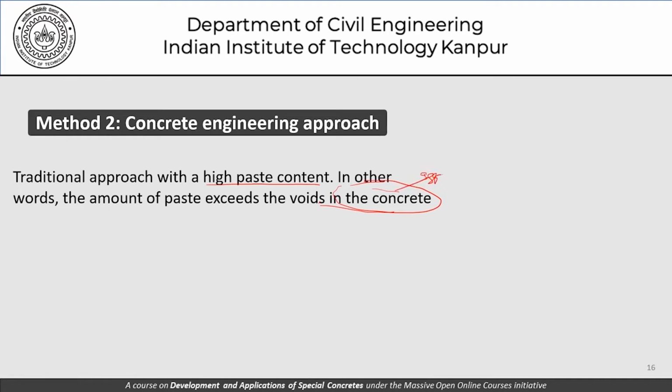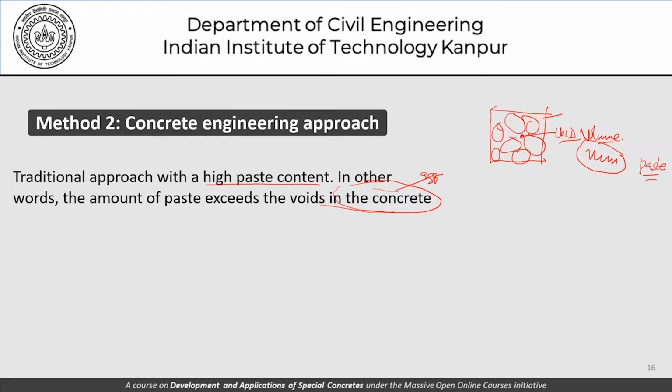Remember what we said in one of our discussions earlier: if I have a mass of aggregates filled into a box of a certain volume, then this void volume is the absolute minimum amount of paste which is required to get the concrete.